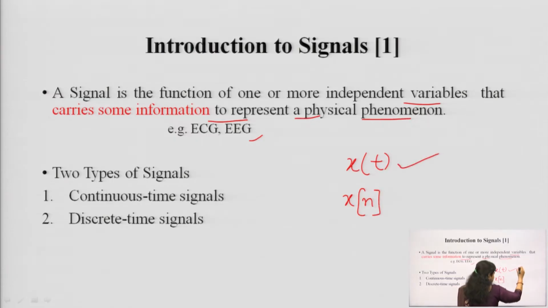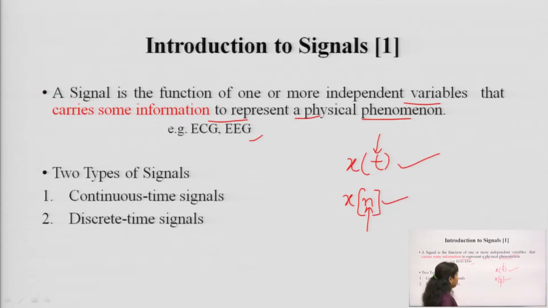So, this is an example of continuous time signal which is denoted by this round bracket, and this is the parameter that we have seen, this is t. Now, this is denoted by a square bracket and this is denoted by n, which is going to show that it is a discrete time signal.